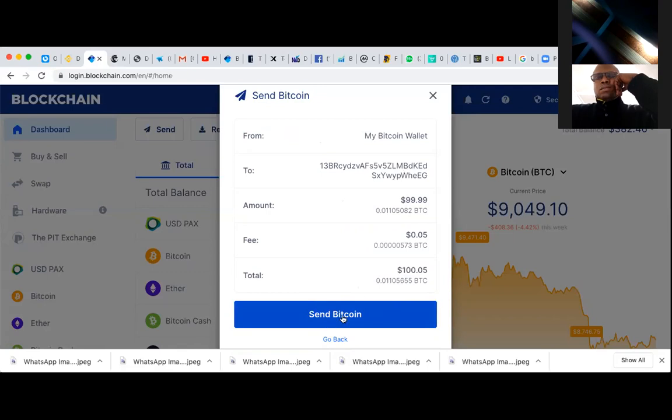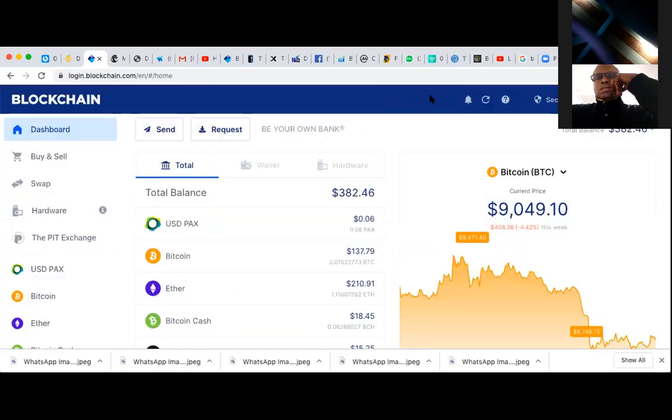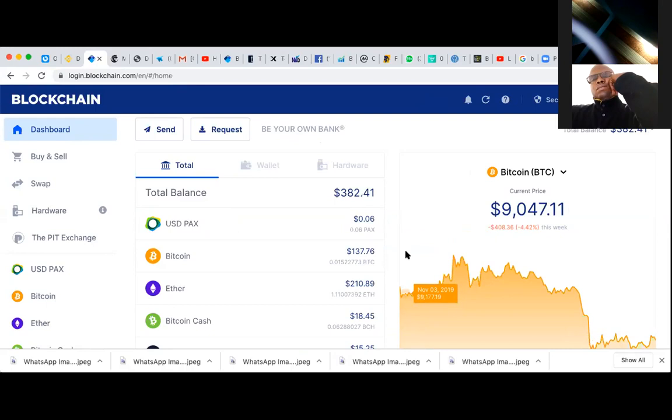Then you click on send, but please take note. Unlike Yobit, when you transfer money to Yobit, after a while it's going to show a waiting deposit. But on Binance, it does not show. So don't panic if you cannot see it.